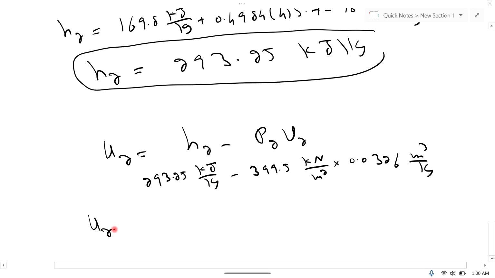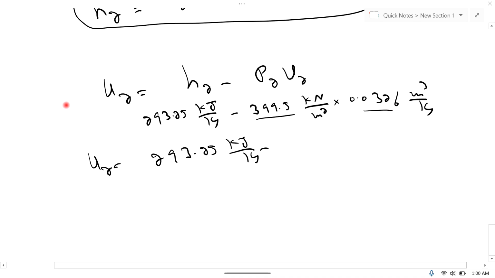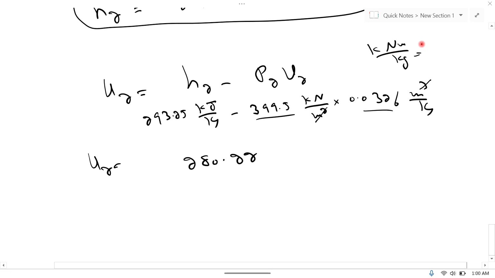So U2 is equal to 293.25 kilojoule per kg minus 399.5 multiplied by 0.0326, which is 280.22. The unit is the same because square meter cancels with square meter, so this is kilonewton meter per kg, and newton meter is equal to joule, so this is kilojoule per kilogram.